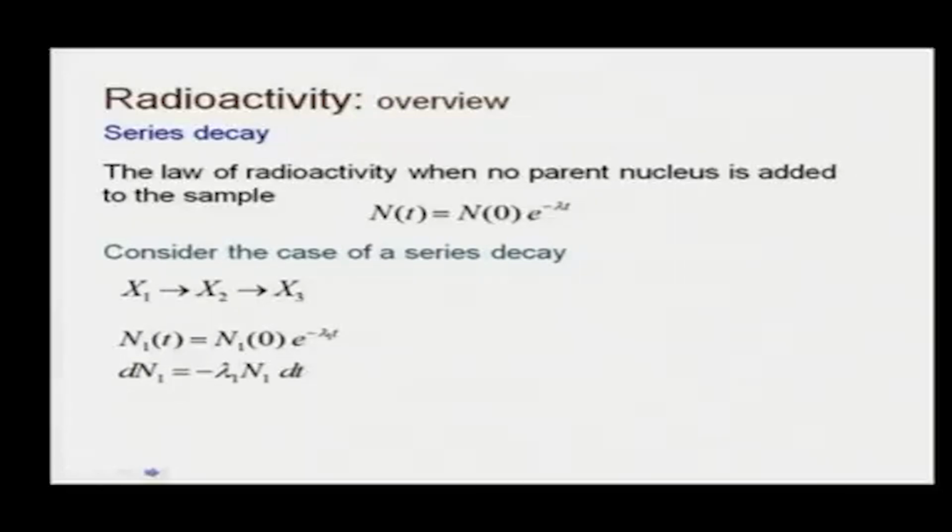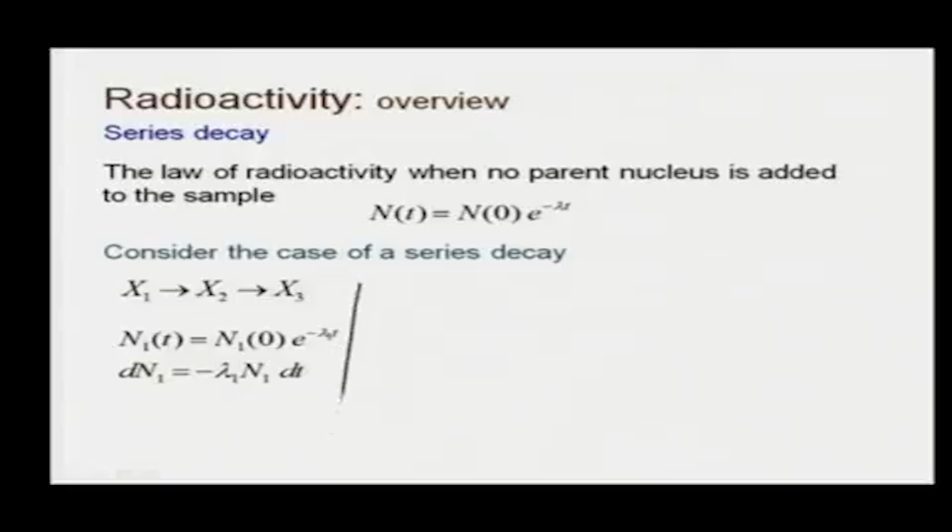So, you just leave it there. What happens? x1 will decay into x2. This follows the radioactive exponential rule that we spelled out earlier. N1 at some time t is equal to N1 at t equal to 0 times exponential minus lambda 1 t, and the number of decays that happens in dt time interval is dN1 equal to minus lambda 1 N1 dt.